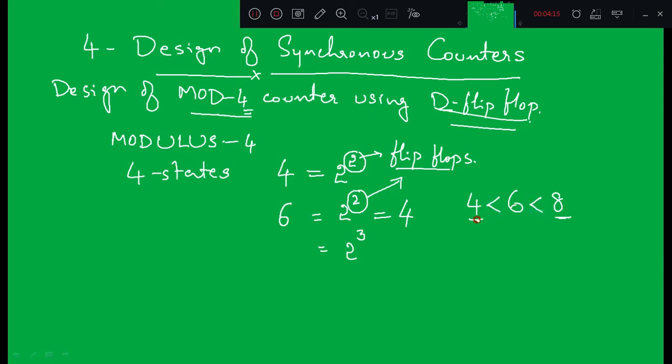Here I cannot use 2 flip-flops. If I use 2 flip-flops, I can cover only 4 states, but I need to cover a total of 6 states. So I need one extra flip-flop to cover 2 more states here, right? Right now we will not worry about this. First we will take a simple example of the design of this mod 4 counter using a simple flip-flop, which is the D flip-flop. Okay, so let us start with this design.